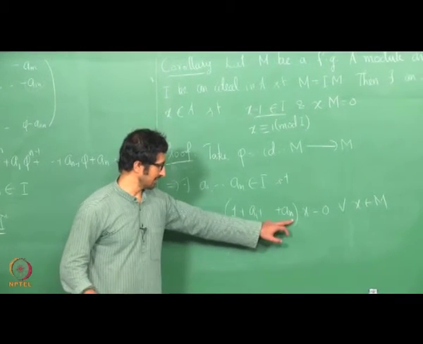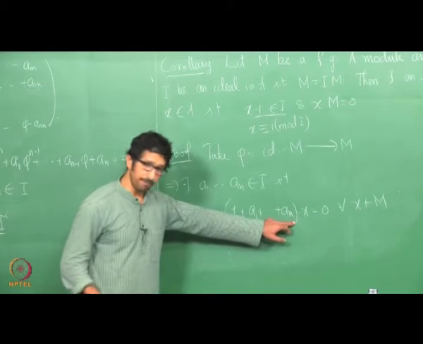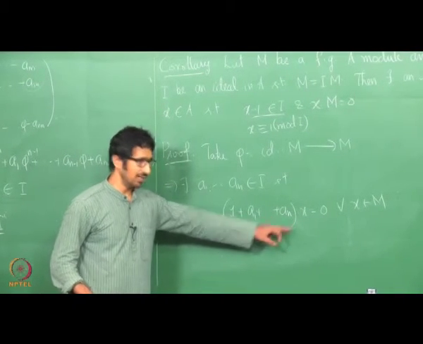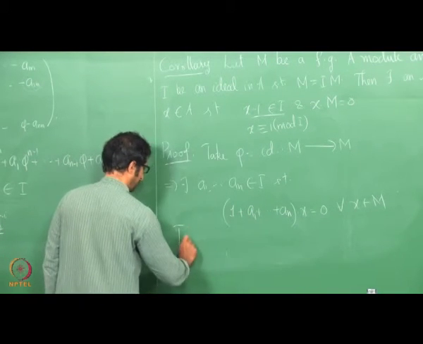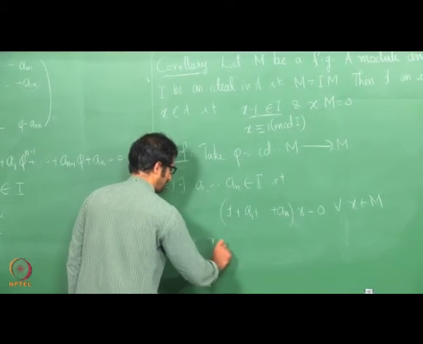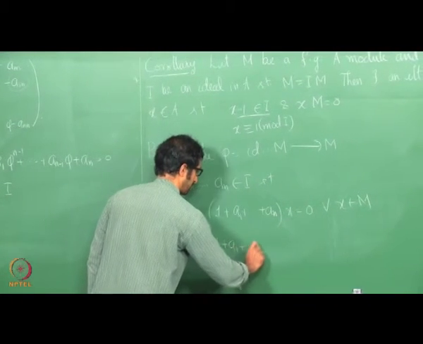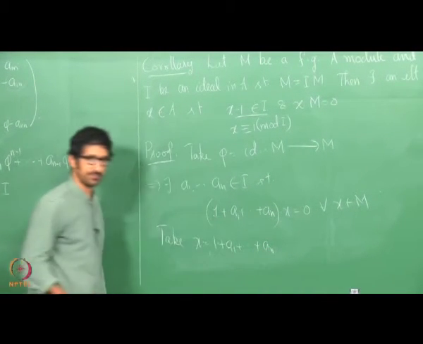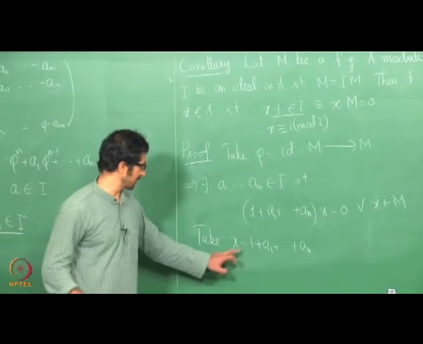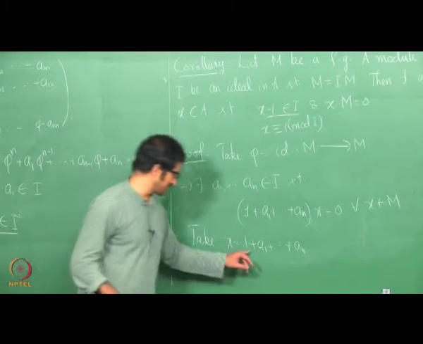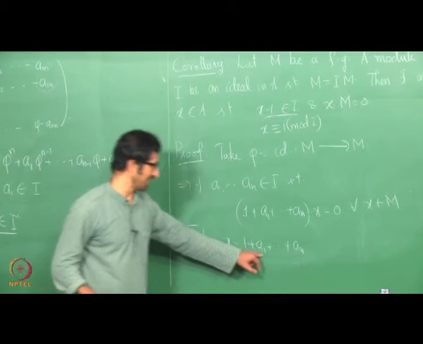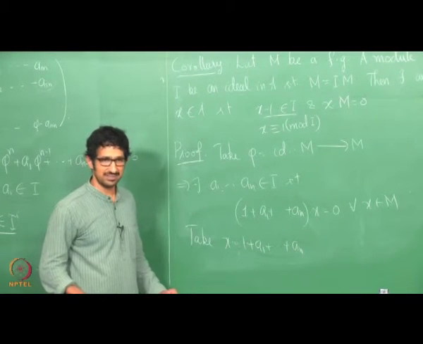Now, this is an element in A. If I take x to be equal to 1 plus A1 plus etcetera AN, what can you say about x minus 1? x minus 1 is in I, right.